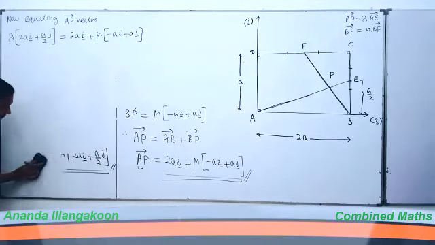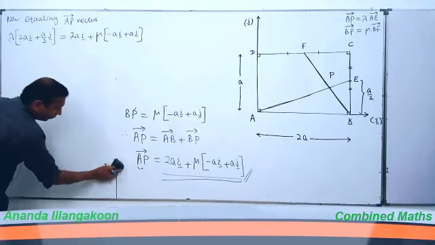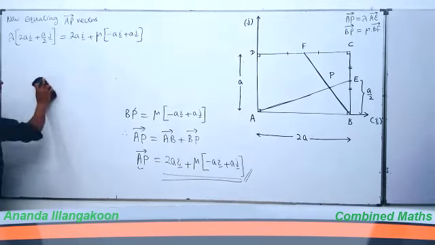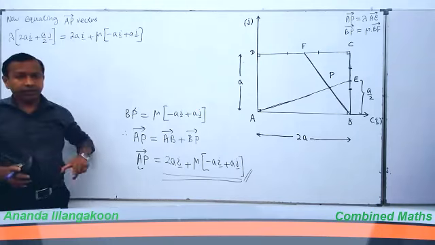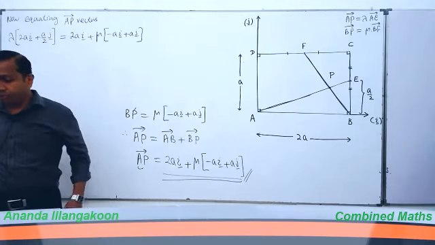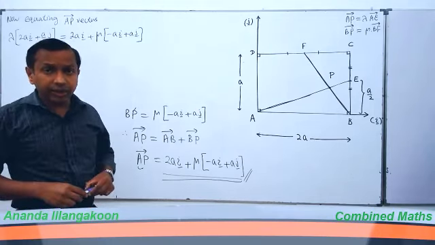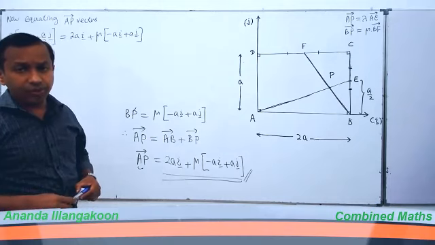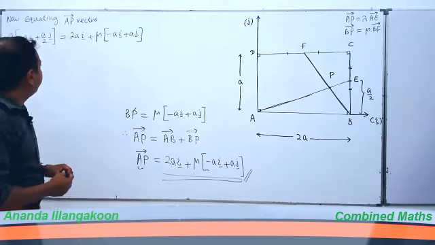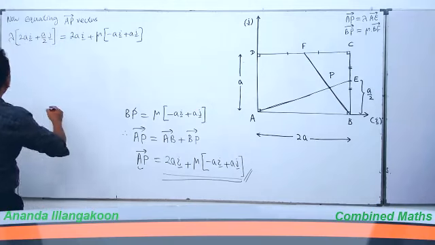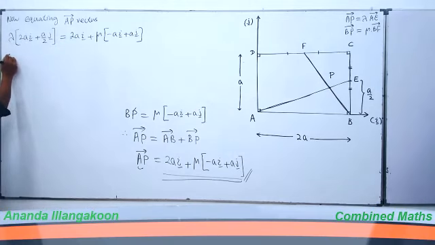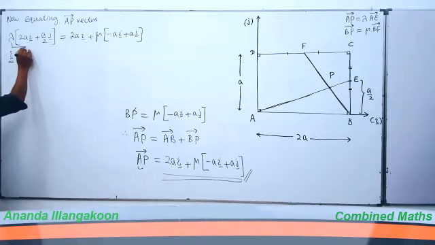Okay, now you can equate, people, in the left and right the coefficients of i and j unit vectors. Right. So now here I am going to first equate coefficients of unit vector i on both sides. People, when you remove the brackets, what do we get here?